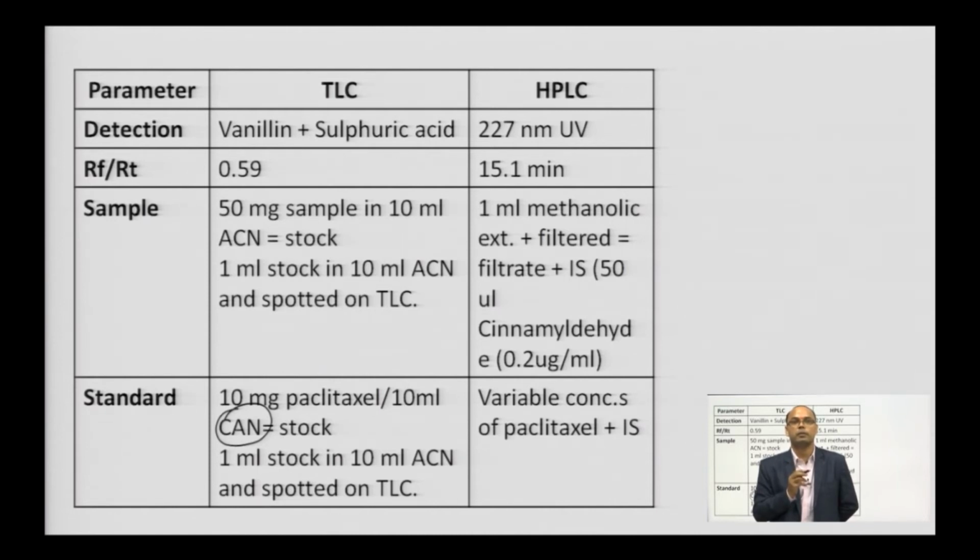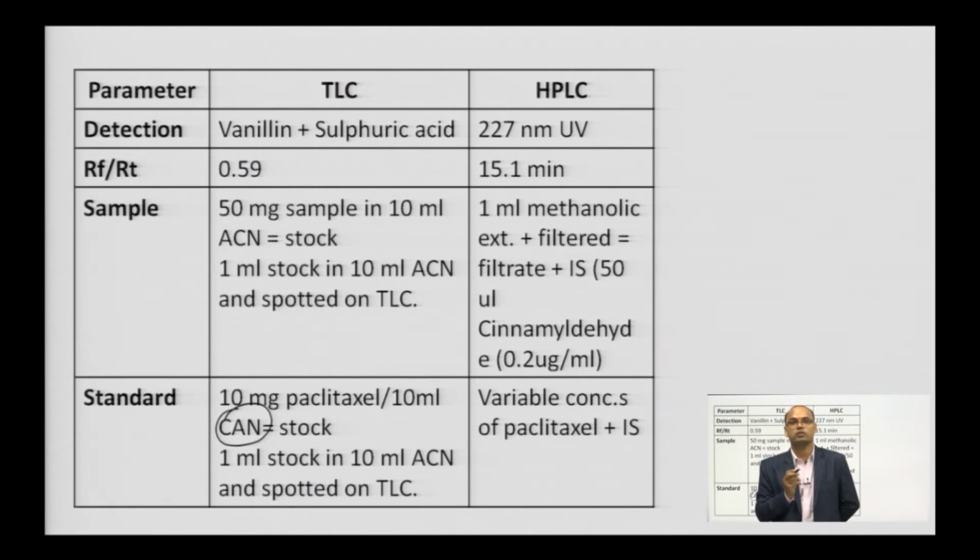The sample was prepared for HPLC analysis by dissolving 1 ml of methanolic extract, which is filtered, and the filtrate is treated with internal standard. Here we have used 50 microliter of internal standard, and the internal standard used is cinnamaldehyde in the concentration of 0.2 microgram per ml.